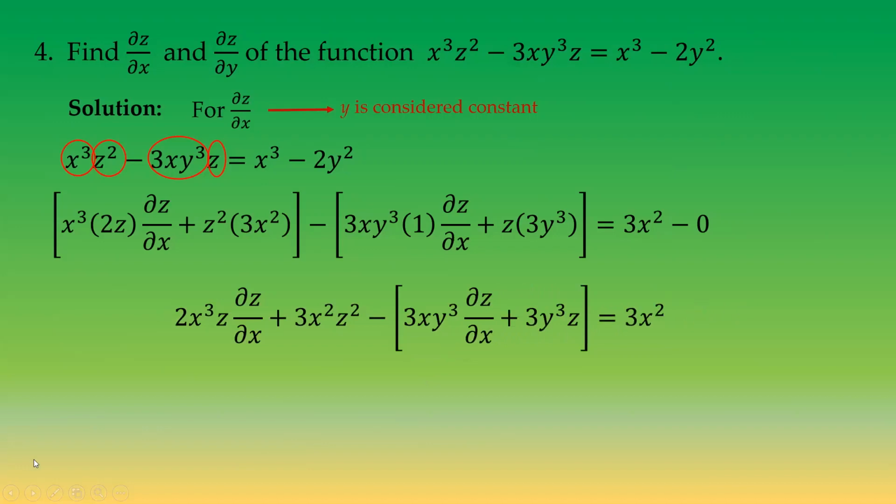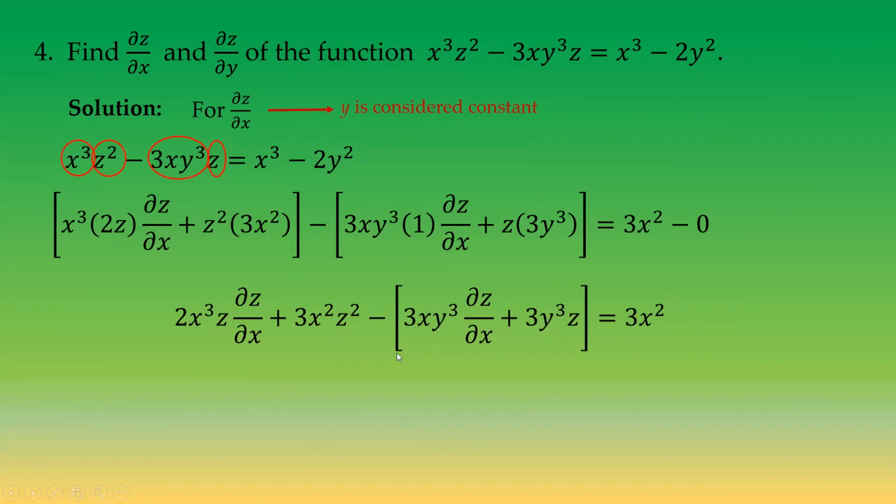Let's simplify. This becomes 2x cubed z dz over dx plus 3x squared z squared. Again, minus 3xy cubed dz over dx plus 3y cubed z equals 3x squared.